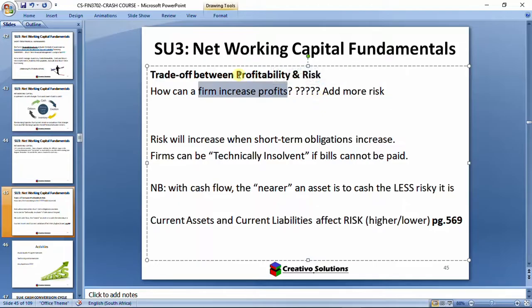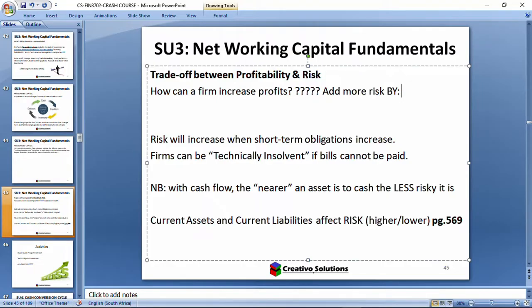So if we're looking at profitability, there's a trade-off. When a firm increases their profits, they're adding more risk by doing what? Come, think about it. If you're running a business, how can you increase your profits? By taking more risk.